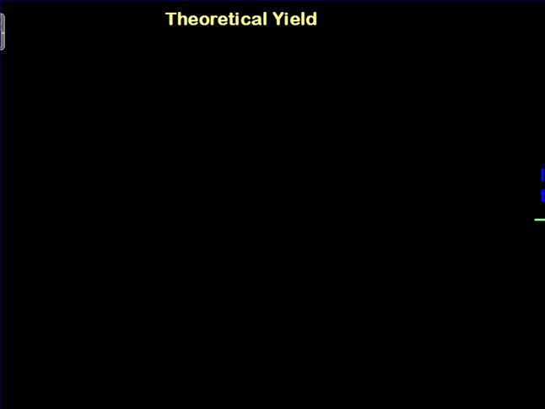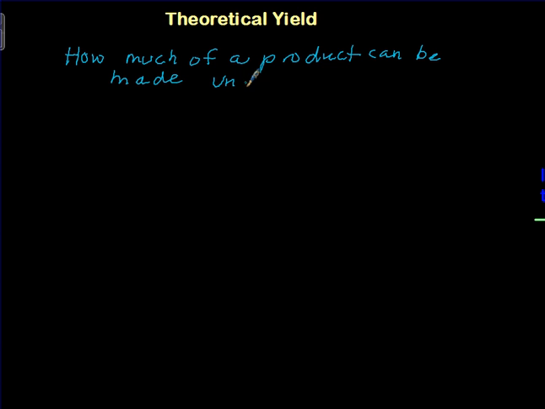So today we're going to talk about the idea of theoretical yield. Theoretical yield is simply how much of a product will be made under ideal conditions. Okay, so if everything is perfect, how much of a product can be made under ideal conditions.